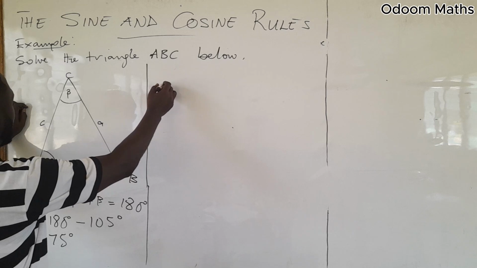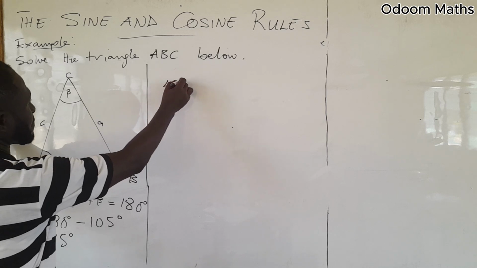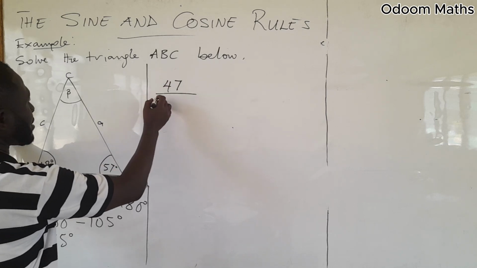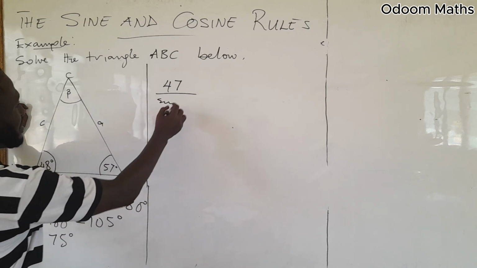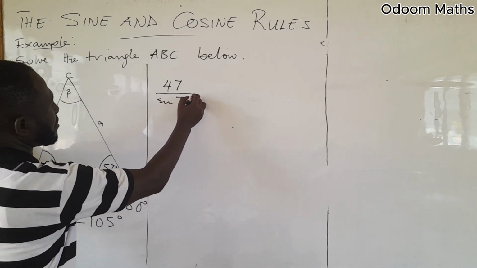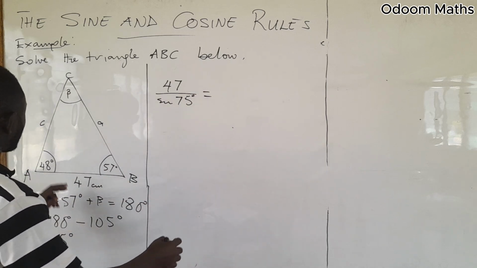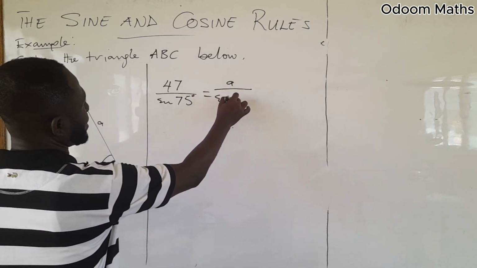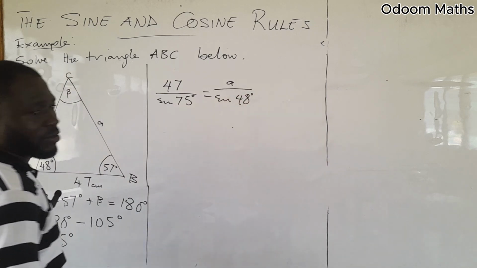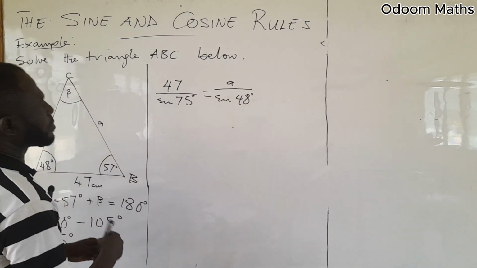So 47 over sine beta, which is sine 75, is equal to A over sine 48. This needs cross multiplication.